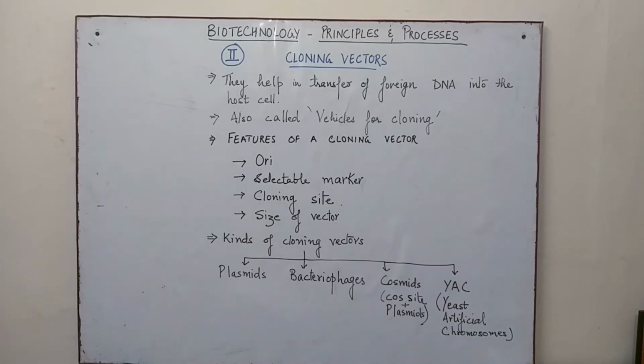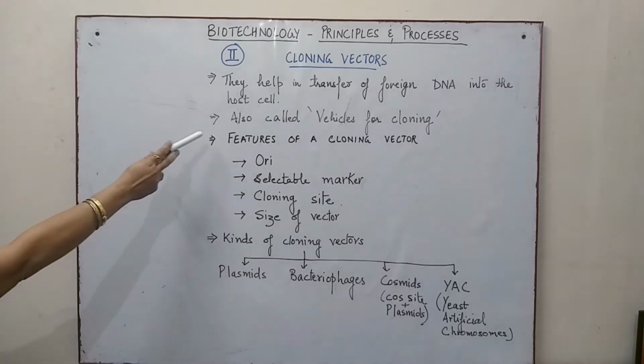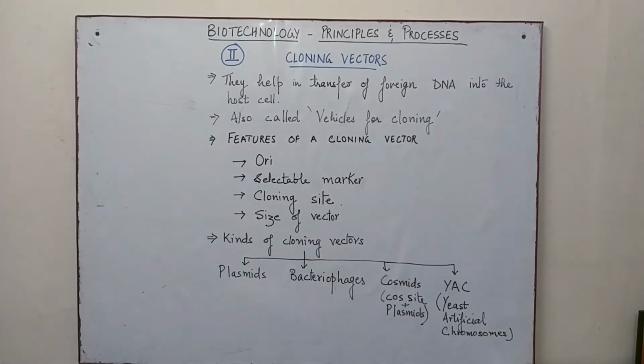The second tool which is used in the recombinant DNA technology is the use of cloning vectors. Vectors, you know, are the carriers, right? So these cloning vectors, as the name suggests, help in the transfer of foreign DNA into the host cell and are therefore known as the vehicles for cloning, because they carry the foreign DNA.